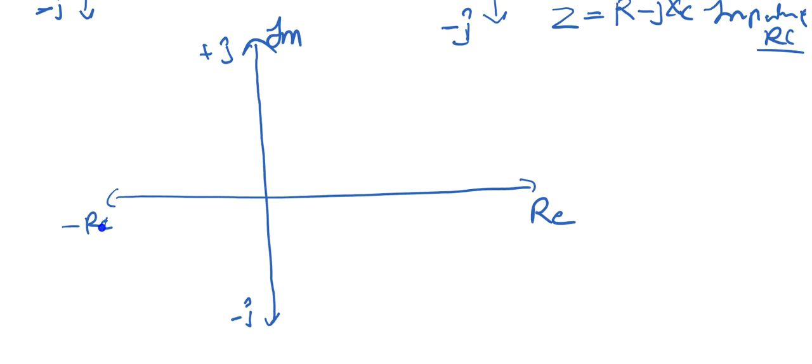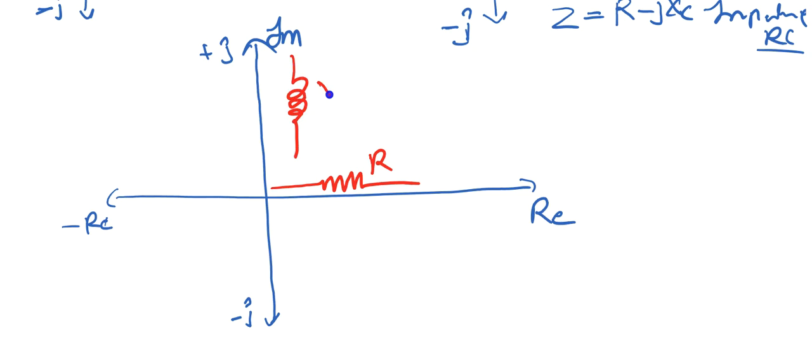Then where could my inductor part be and where could my capacitor be lying, I can see. Along the positive real axis, I can show my resistor. So this is what my resistor is that I'm showing here, and my inductor is in the positive imaginary axis.